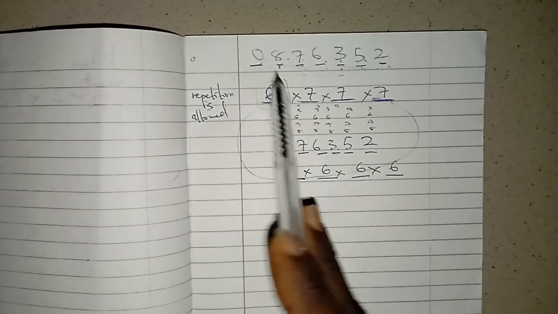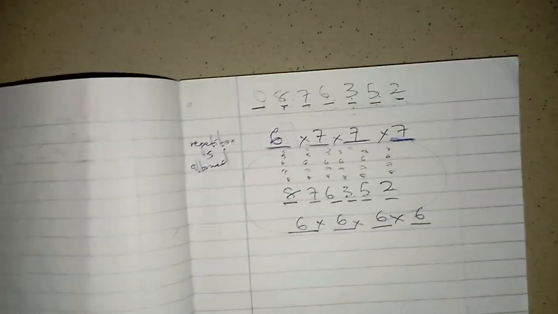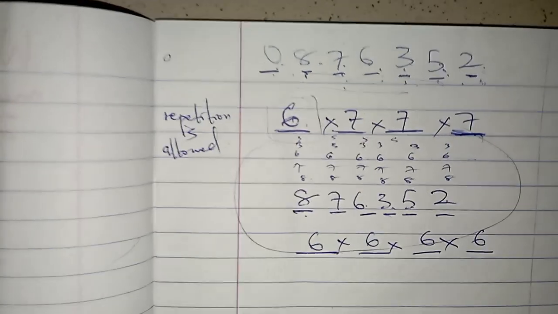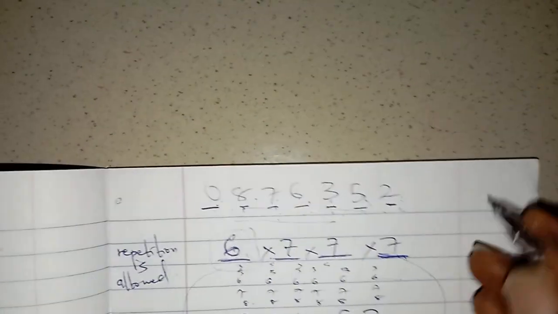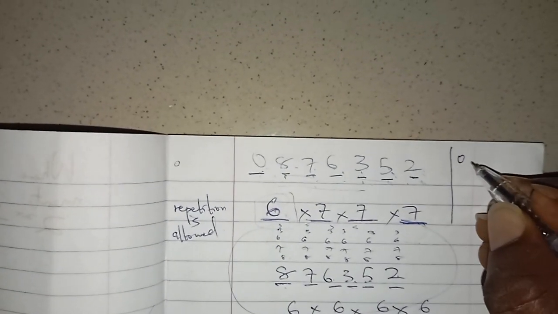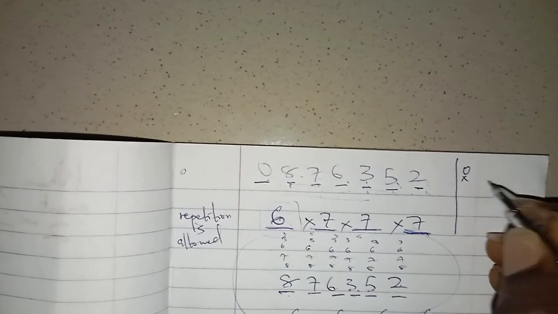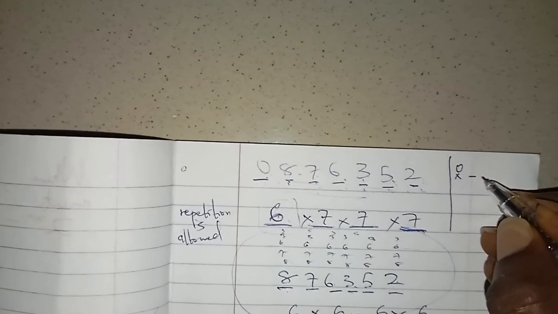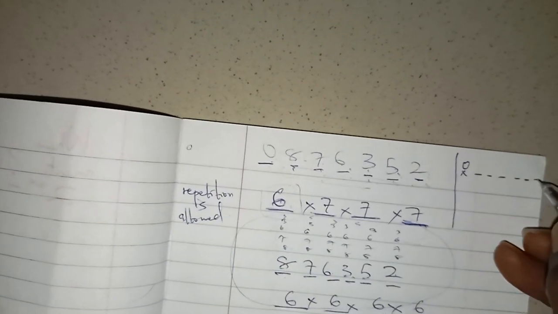The minute I put that 6, since repetition is allowed, even 0 can occur after that. See how I need to think of it. If I come to 0 now, 0 cannot be in the first place. So for the first place, I have 1, 2, 3, 4, 5, 6 options. That's why I wrote 6 in the first place.